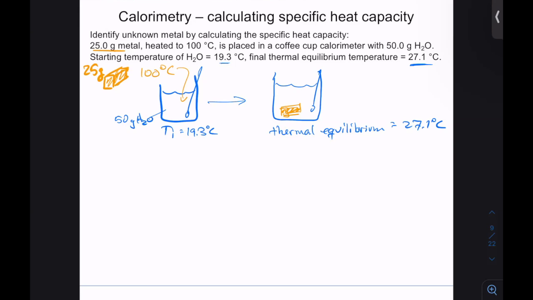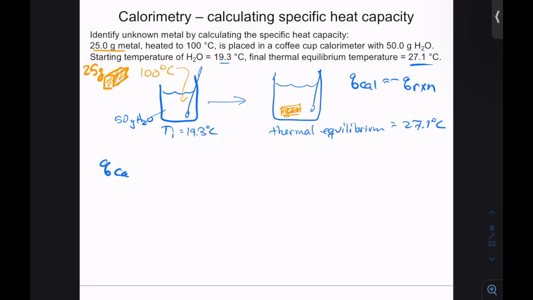So we're still going to use our principle that Q of the calorimeter is equal to minus Q of the reaction. In this case, the reaction is the metal giving off the heat. And in doing so, we're going to measure what the specific heat capacity is. How much heat does it give off relative to the mass that it was? So we can keep track of all these things.